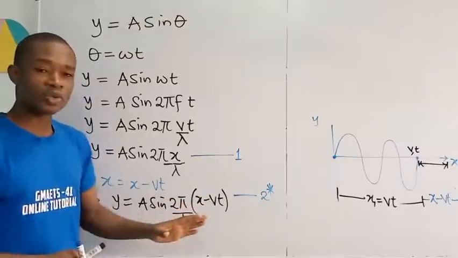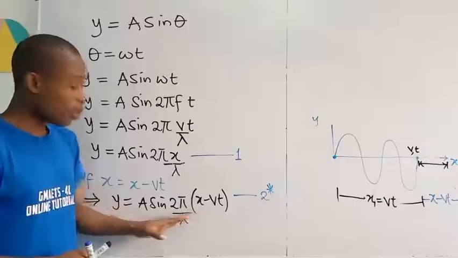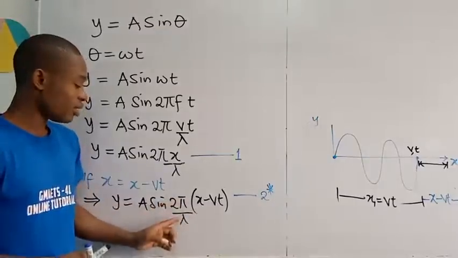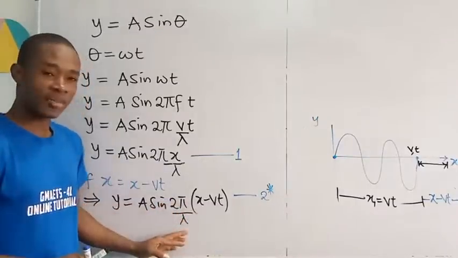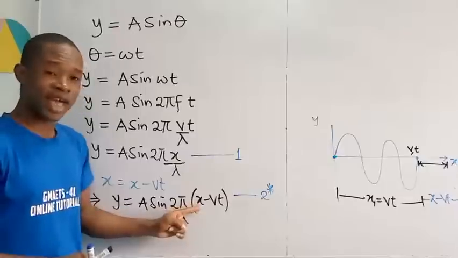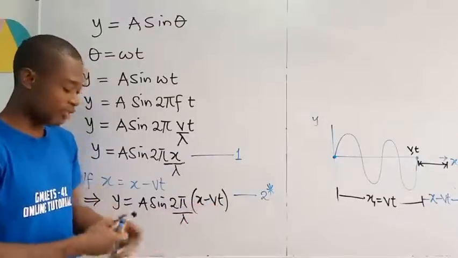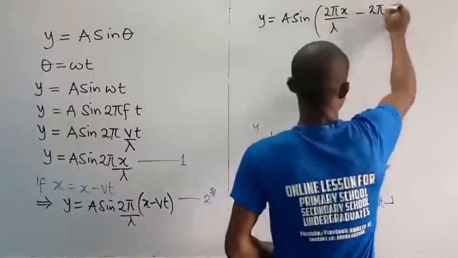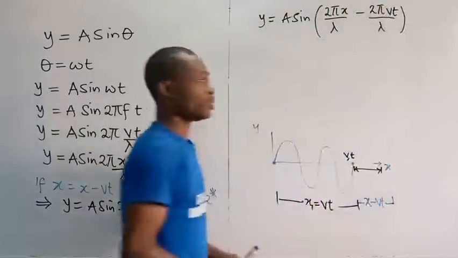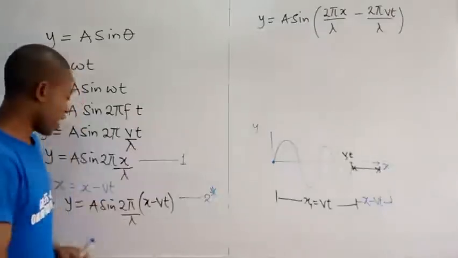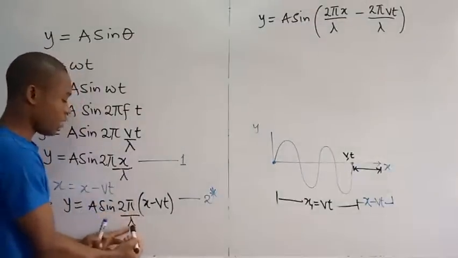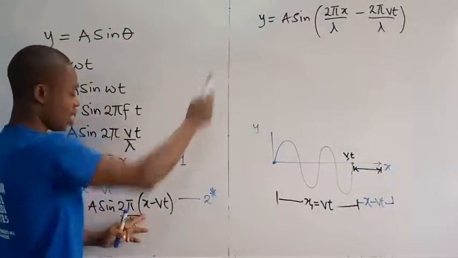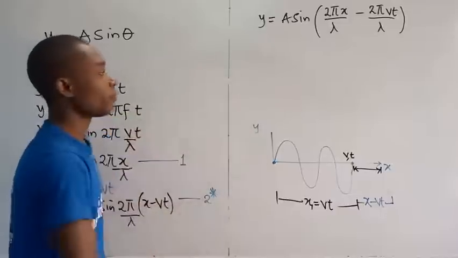Let us open up the bracket here. If you open up this bracket, this 2 pi over lambda, that is wavelength, is going to multiply this x, and is going to also multiply this Vt. So this is what we are going to get when this 2 pi over lambda wavelength multiplies x, and when it multiplies Vt.